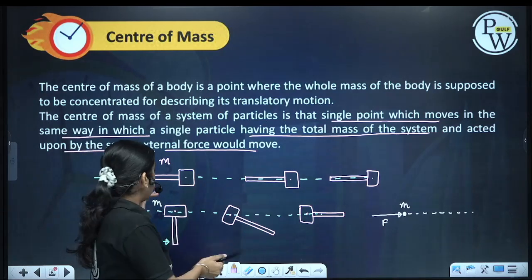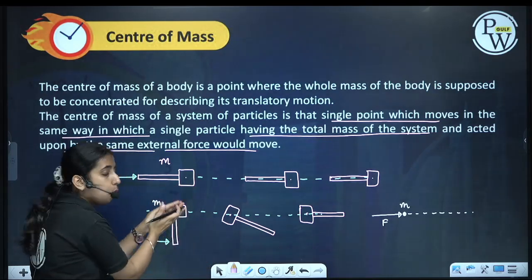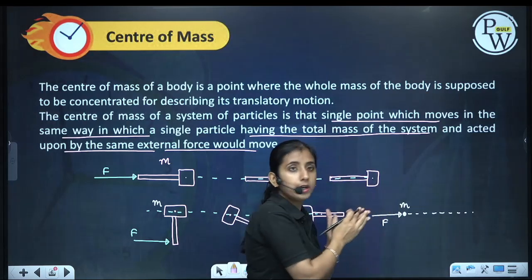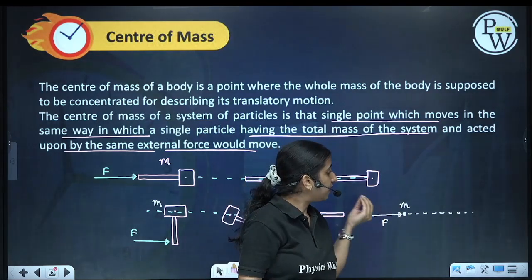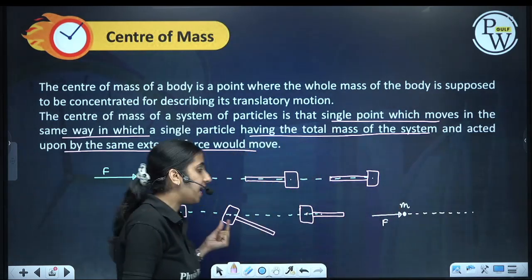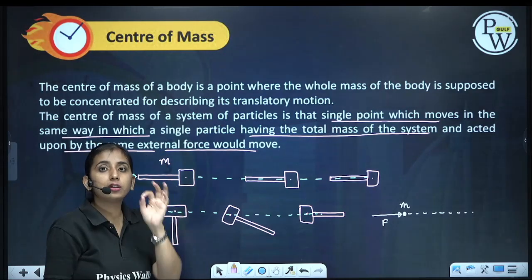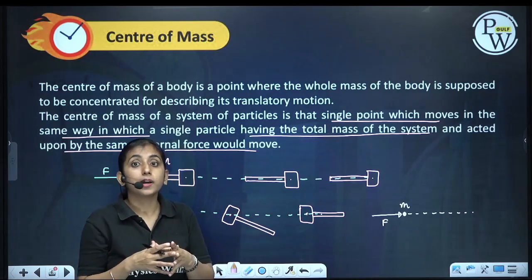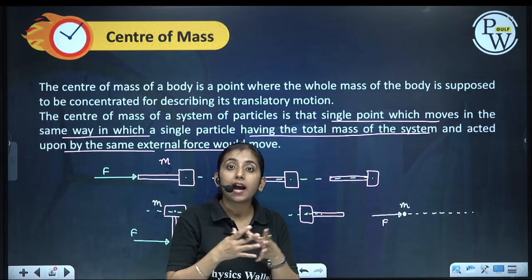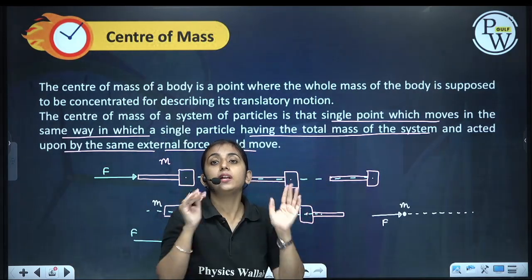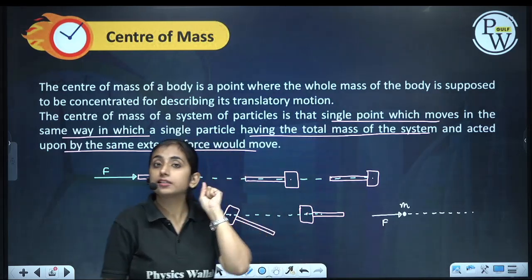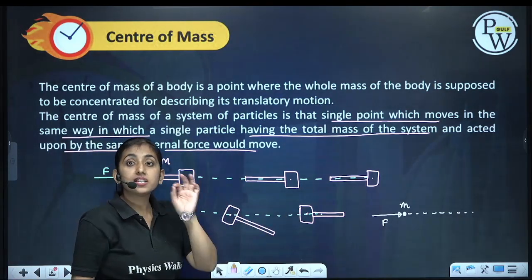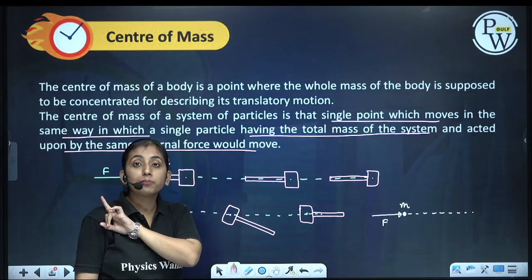Now see, if I concentrate the whole mass of this body onto a point particle, that particle moves in the same way as this point on the body, the center of mass, is moving. So we can assume that the whole mass of the body is concentrated at its center of mass.